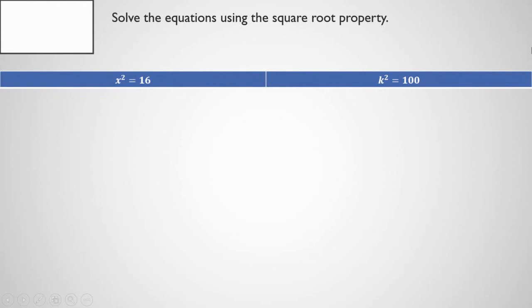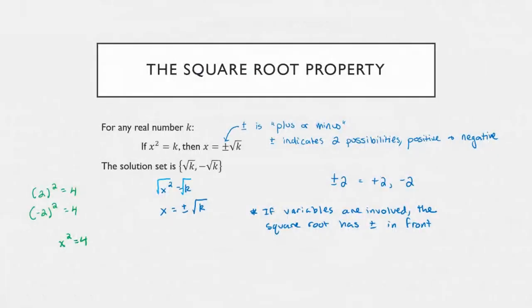Oops, did not mean to switch that slide, go back. Okay. So because both 2 and negative 2 work, that's why we say we have a plus or minus square root of 4, and the square root of 4 is 2, so it's plus or minus 2. So your answers are 2 and negative 2.